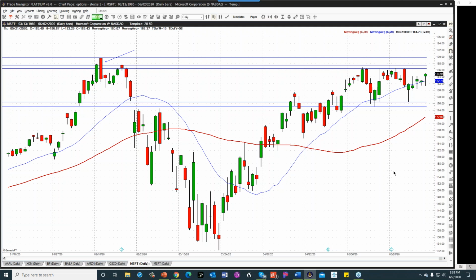So really for Microsoft, we have to see a decisive close above 190 to say, as the Japanese do, to blow away the dirt. In other words, to get above a resistance area, to say we decisively broke above resistance, and support down here right around 176. But for right now, longer term trend up, short term trend also up. Nice long lower shadow showing the band coming in, but approaching a key resistance area.